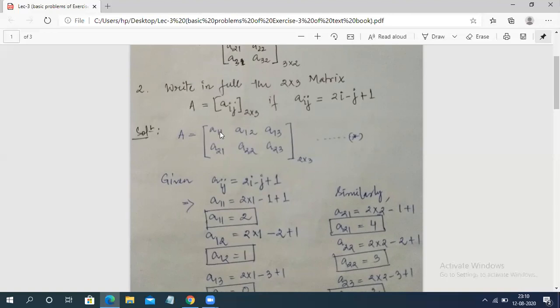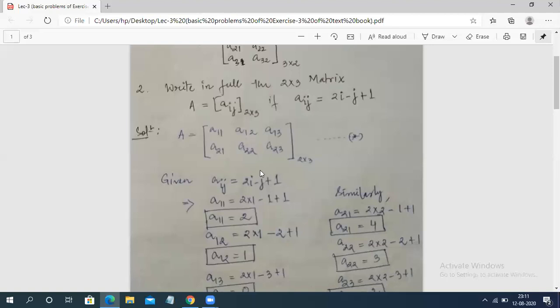First subscript denotes its position in the row, and the second subscript denotes the position in column. So this is the element of first row, first column, A11. First row, second column, A12. First row, third column, A13. Second row, first column, A21. Second row, second column, A22. Second row, third column, A23.